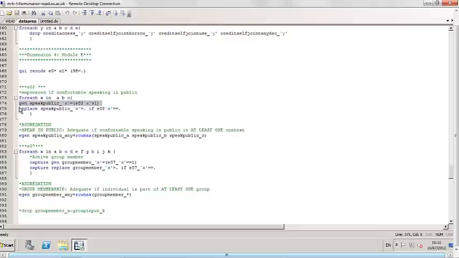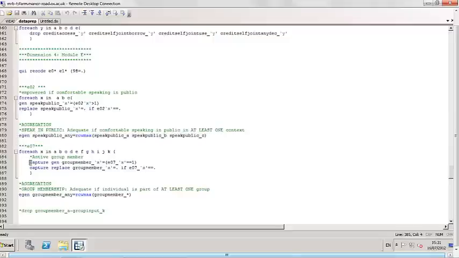Speak in public X is equal to 1 if the individual feels comfortable speaking in public, even if with difficulty, for reason X. Then we aggregate and we create the indicator speak public any, which is equal to 1 if for at least one of the three reasons included in the questionnaire, the individual feels comfortable speaking in public.